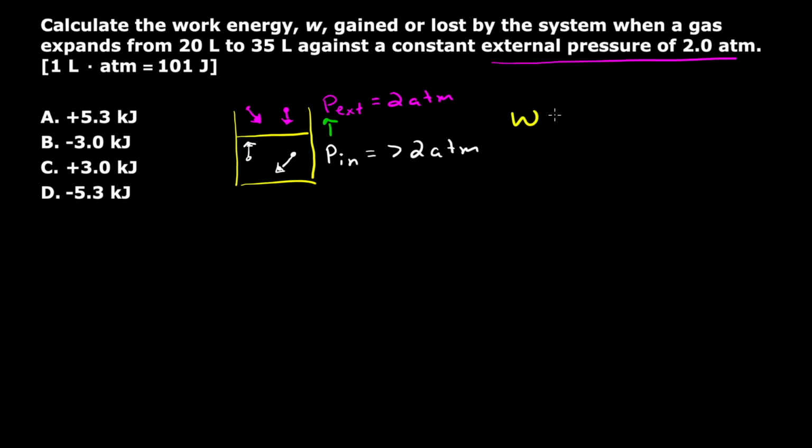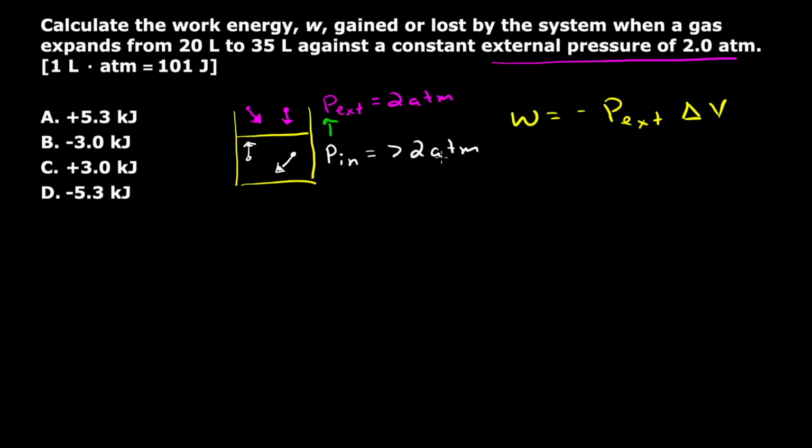I'm going to say that the work is equal to the negative pressure of the external part times the change in the volume. You want to make sure that this pressure is the external pressure, not the internal pressure, because the internal pressure is going to change. As this volume gets larger, the pressure goes down.